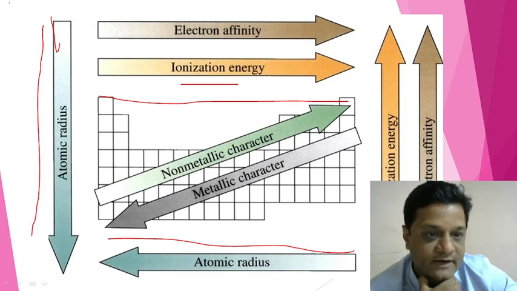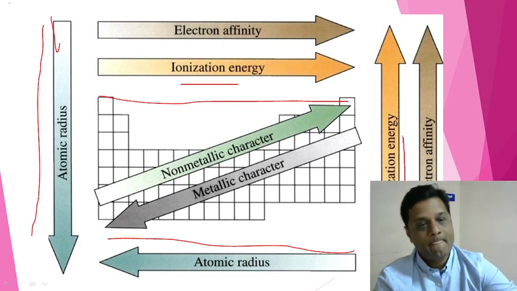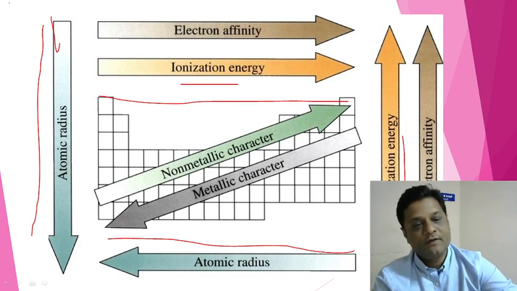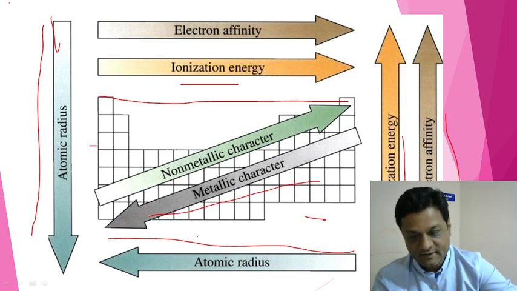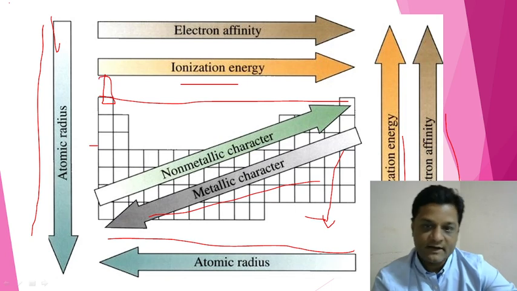Ionization energy increases from bottom to top, and electron affinity also increases. The metallic character decreases from p block to s block. That means these will have a strong metallic character, and these elements will have a less metallic character.